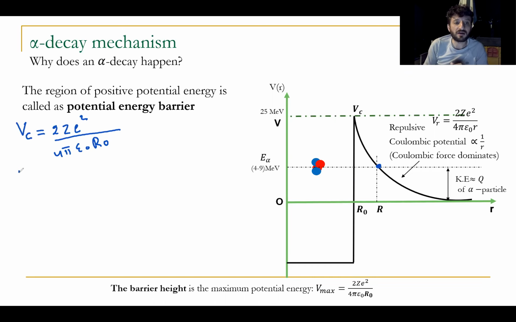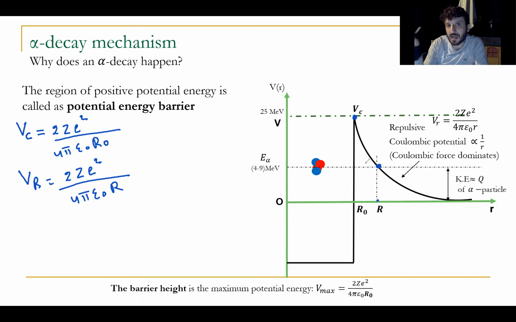Here we have V at point R, which is equal to 2Z E squared divided by 4 pi epsilon 0 R. This is the maximum value, and here you have the value where the particle is coming out.